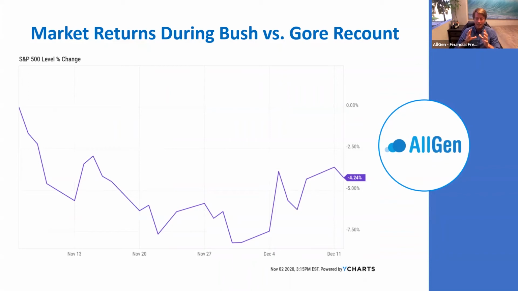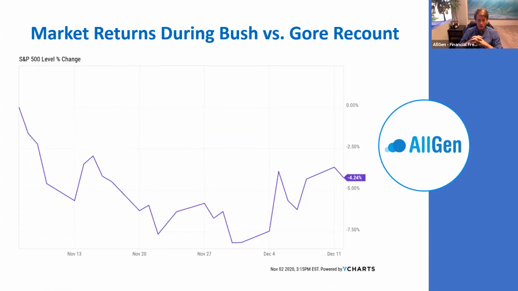Now, what we're more concerned about on a short-term view is that if we go into some type of recount or the election results are disputed. So what we're looking at here on this chart is how the markets performed after the 2000 election between George Bush and Al Gore. This is looking at it from election day till December 12th, after the Supreme Court decided the election.